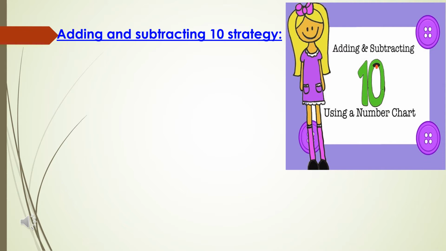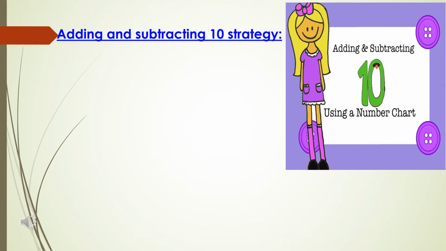We will not change any numbers in the ones place. But the tens place will increase or decrease. If you add 10, it will increase by 1. If you subtract 10, it will decrease by 1.